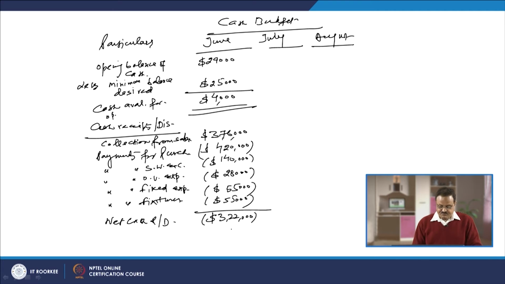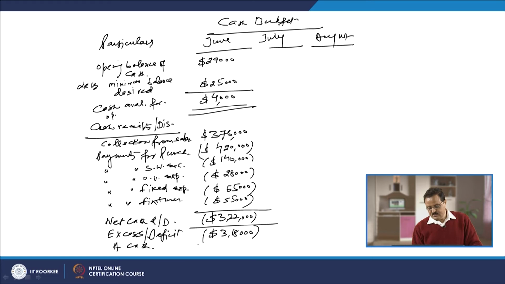So now we have to calculate the excess or deficit of cash. Finally the deficit, which I am again putting in brackets, is 318,000, because now we are going to use this 4,000. So finally, the deficit with us is $318,000.